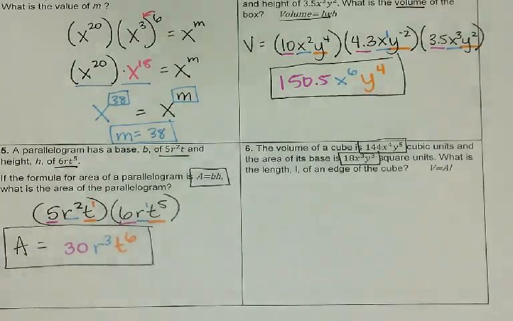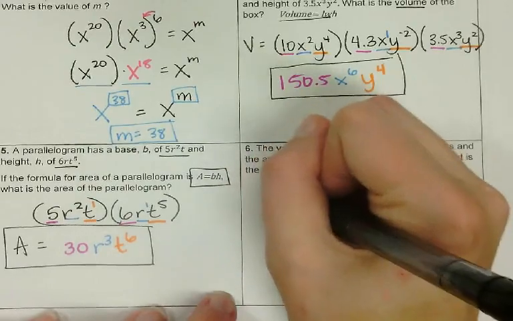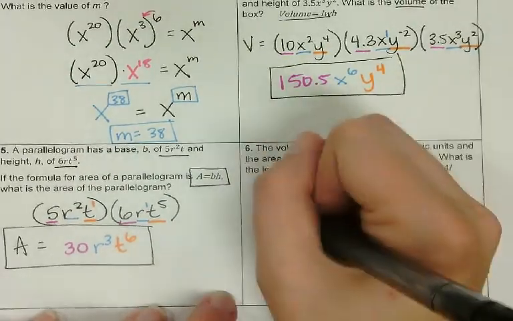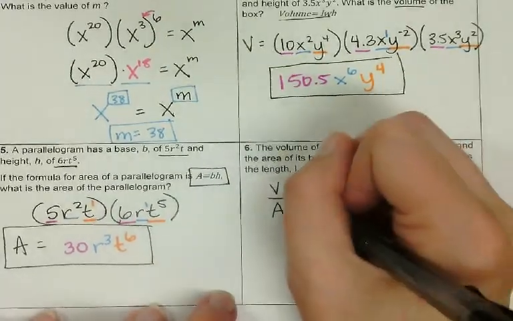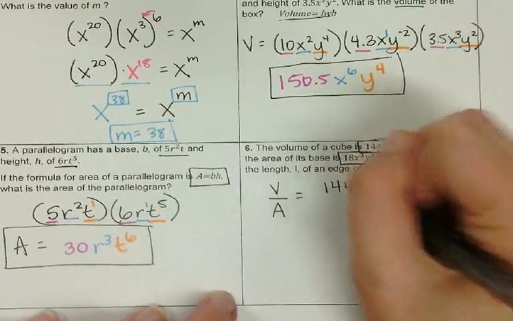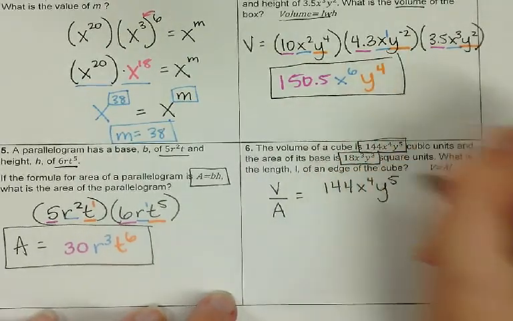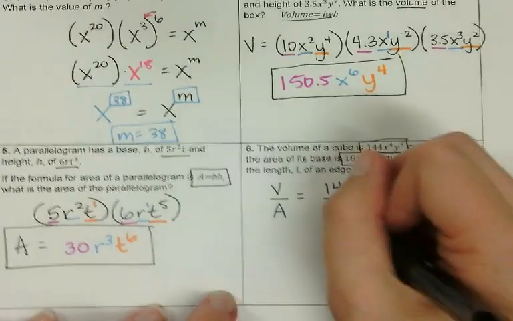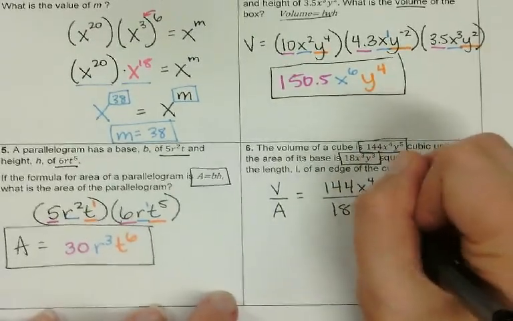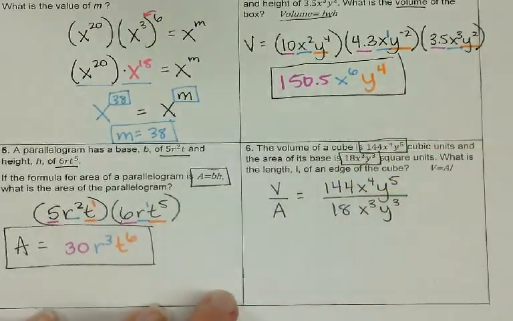So guys, now we have to divide. In order to find that length, we need to do the volume divided by that area. So it becomes 144x^4 y to the 5th over 18x cubed y cubed. So in this case, we are going to divide.